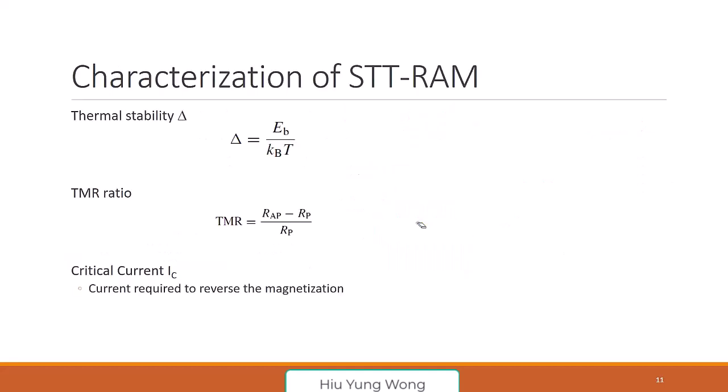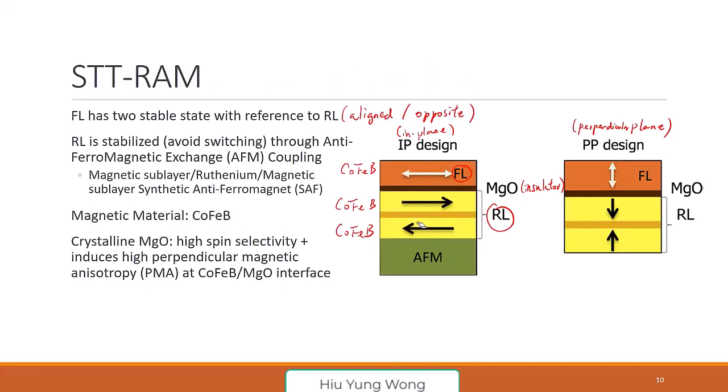Now, still just the basics, right? But that's it. Now, what else can I tell you? I'm going to tell you why the reading current depends on whether your reference layer is aligned or opposite to the free layer magnetization.